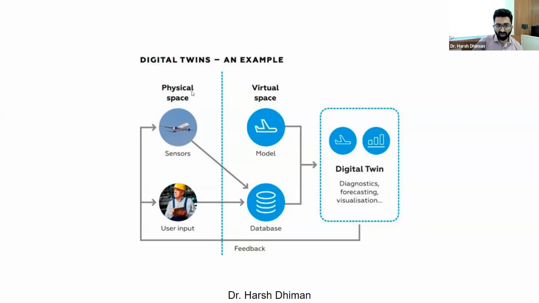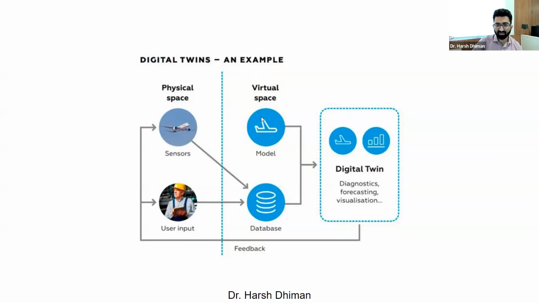And a replica of this physical space is a virtual space. If you can see in this particular virtual space, this airplane is a virtual replica of your actual airplane. And this can only function well if you collect data from sensors. So continuous data monitoring from your physical space via sensors is essential for the working of virtual space.